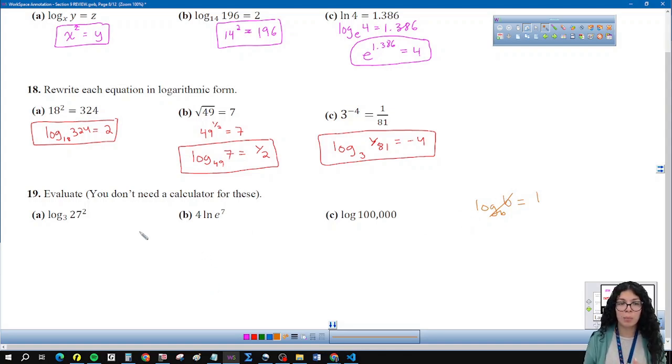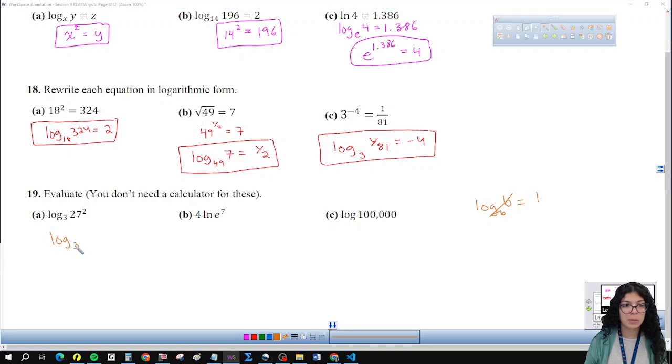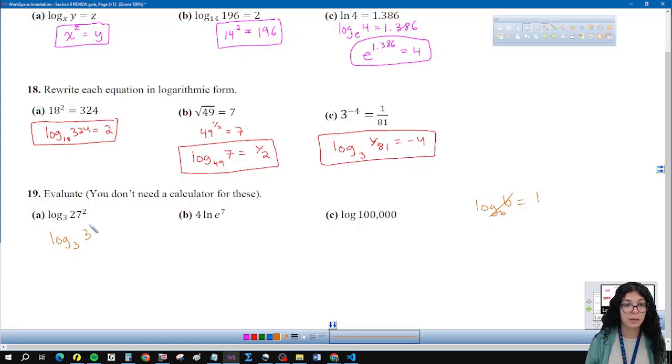So this 27 is actually 3 to the power of 3. 3 times 3 is 9, times 3 is 27. So this is 3 to the power of 3 to the power of 2, since 27 was already squared.